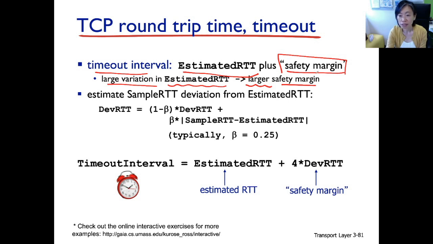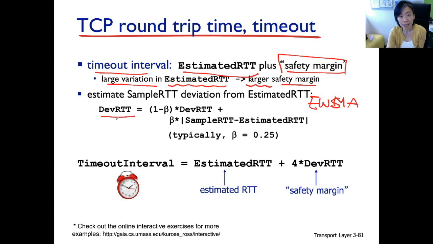So this safety margin is captured by another variable called the deviation of RTT, DevRTT there. And we are again borrowing this technique called the exponential weighted moving average. Okay, so EWMA again, to estimate the deviation of round trip time.